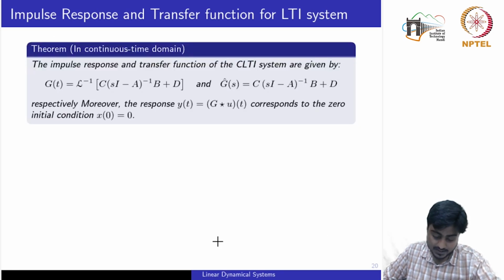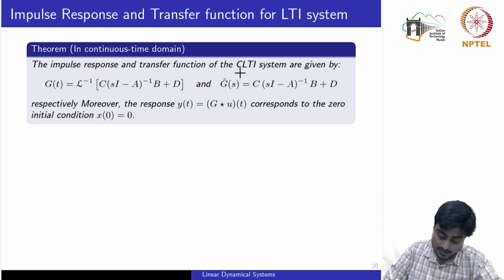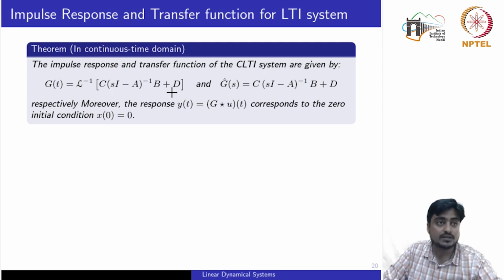So we have our next result in the continuous time domain: the impulse response and transfer function of the continuous time linear time invariant system are given by g of t as the Laplace inverse of this combination of A, B, C, D matrices, and g hat of s is given by this, respectively. Moreover, the response y of t is equal to the convolution of g and u, which corresponds to the zero initial condition, what we had seen in the last slide.